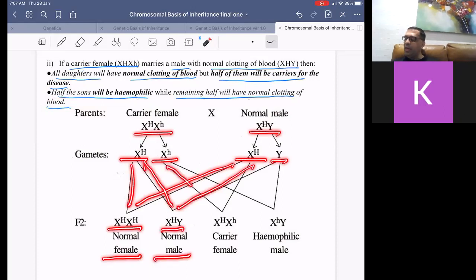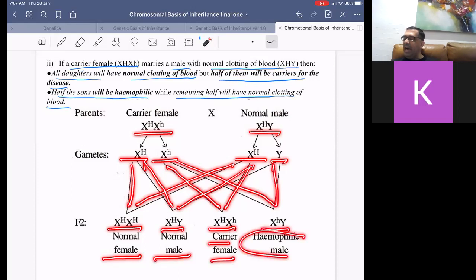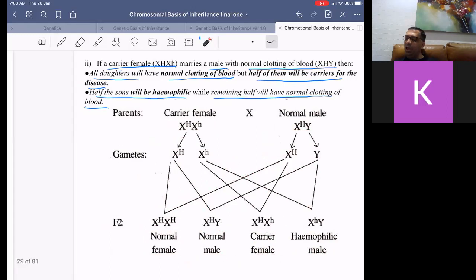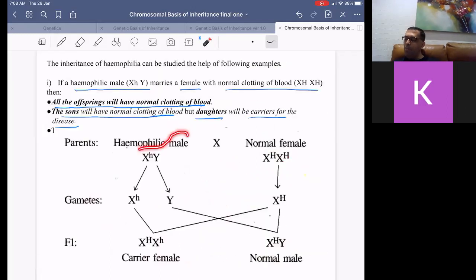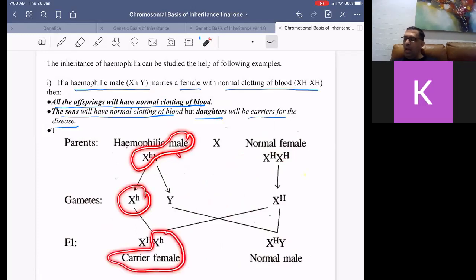and you will have X small h, X capital H will form a carrier female, but X small h and Y will form a hemophilic grandson. So where has the disease gone? From male, it has gone via gamete to the carrier daughter, carrier female.